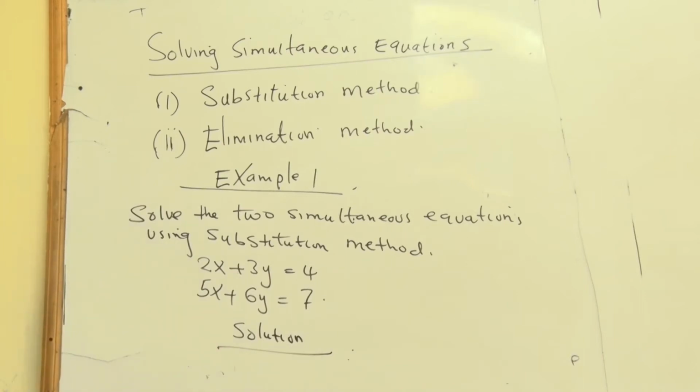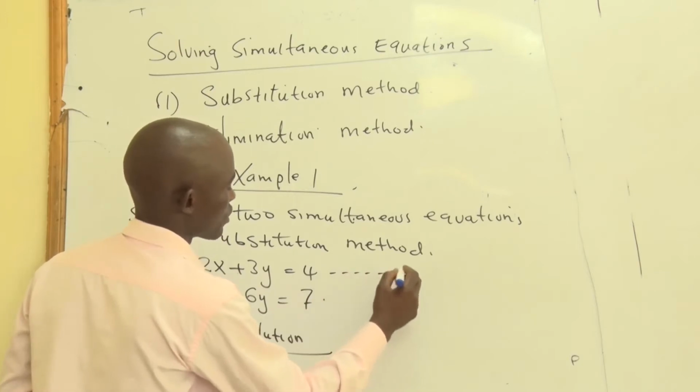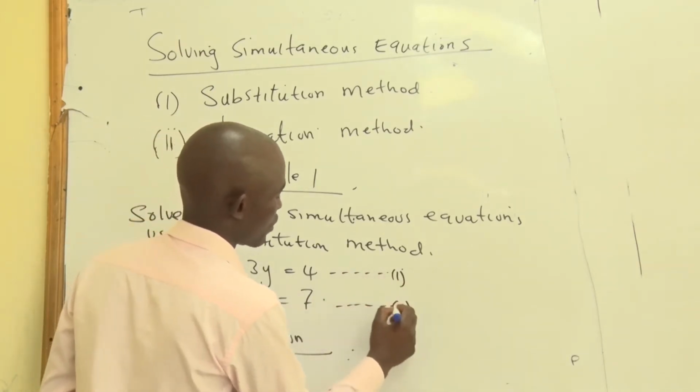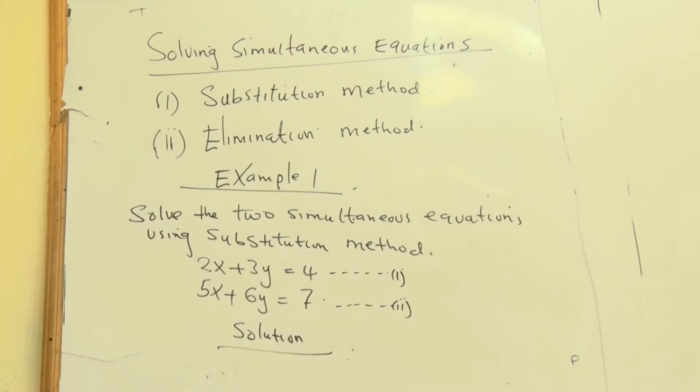we know that if you are using substitution, it means substitution is about replacing. Assuming this is our first equation and this is our second equation, step number one is that you make any variable in the first equation the subject of the formula.